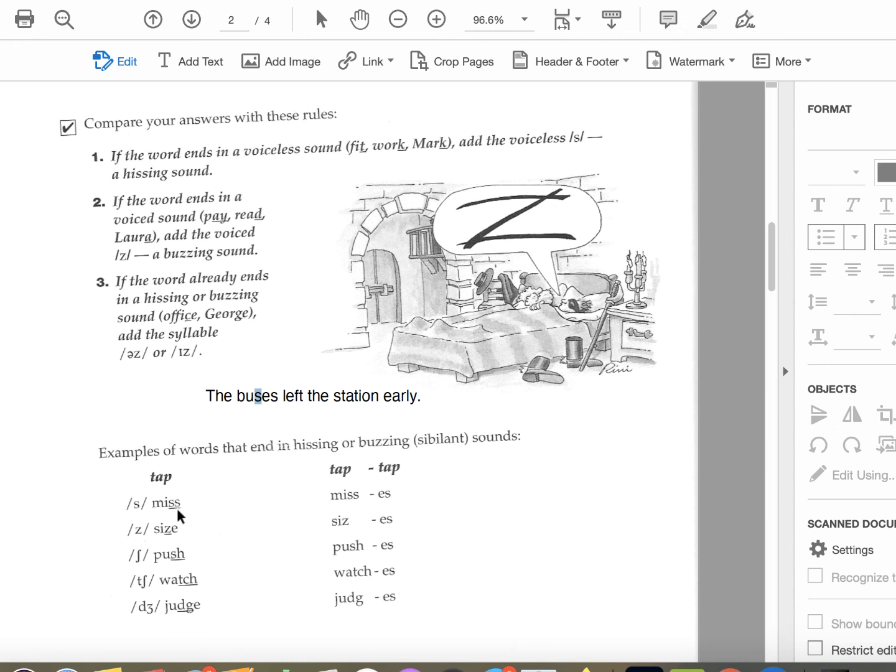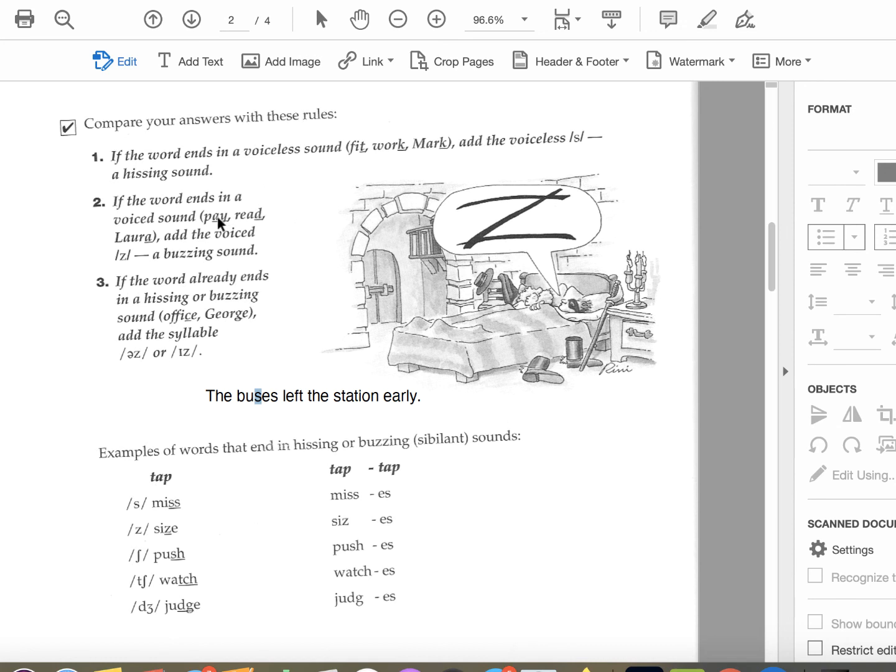So the rule that we have in English is if we add an S for either plural or possession, okay, or contraction, what we will do is these three rules. Number one, if it ends in a voiceless sound, okay, t, k, something like that, then we're going to add the voiceless S, works, okay?